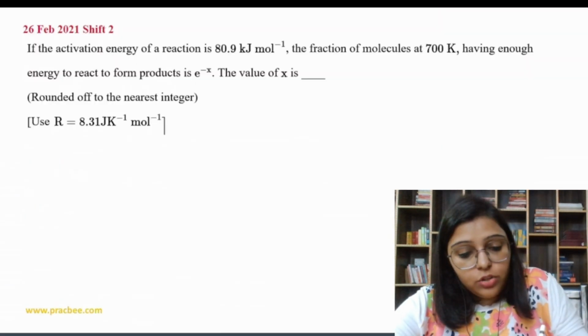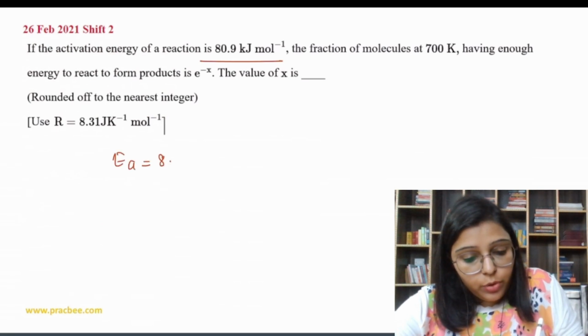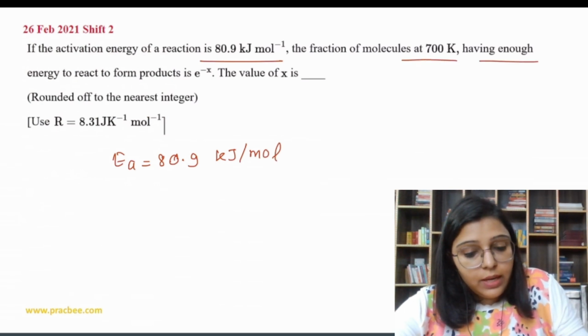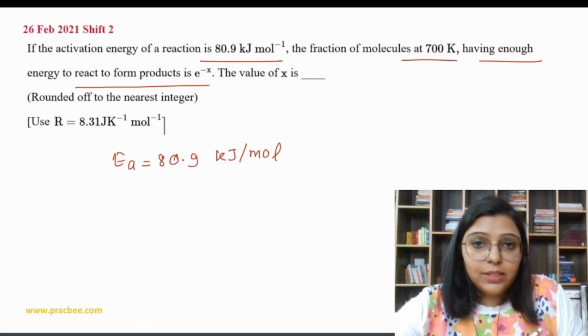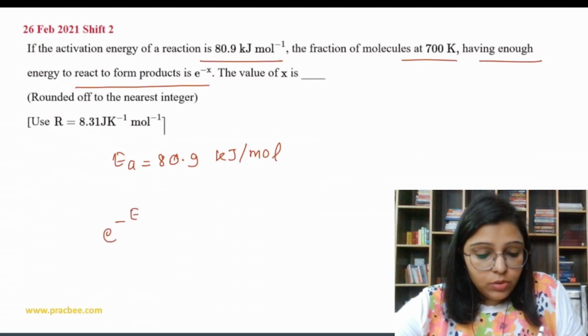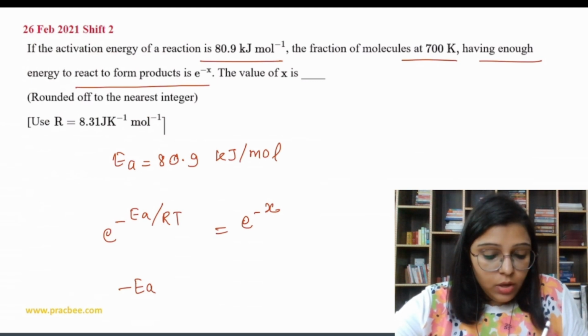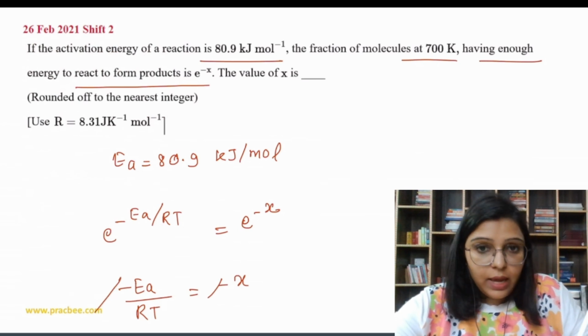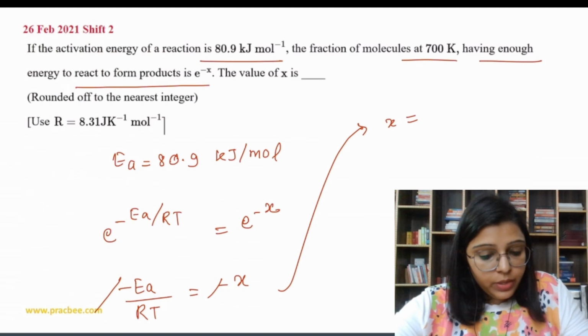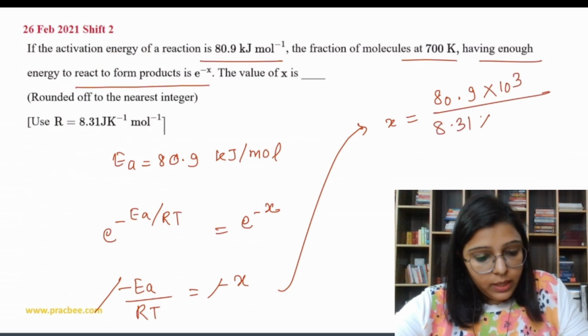If the activation energy of a reaction is 80.9 kilojoule per mole, the fraction of molecules at 700 Kelvin having enough energy to react to form product is e to the power minus X. So fraction of molecules is e to the power minus EA over RT, which is equal to e to the power minus X. On comparison, EA over RT is equal to X. So the X value is going to be EA value 80.9, but it is in kilojoule, so into 10 to the power 3, R is 8.31 and temperature is 700.